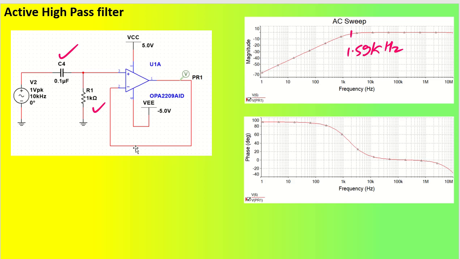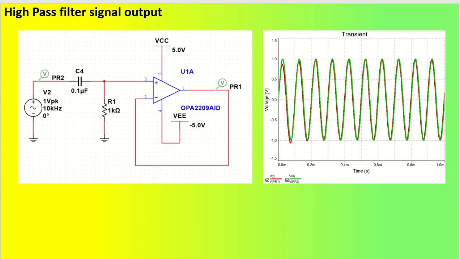This is the circuit that we will be practicing, and we will see whether the output at this particular place is giving you a high pass output or not. This is the input signal, and this is going to be the output, right? I want to pass my 10 kilohertz signal to this high pass filter. How does it respond? Let us see.